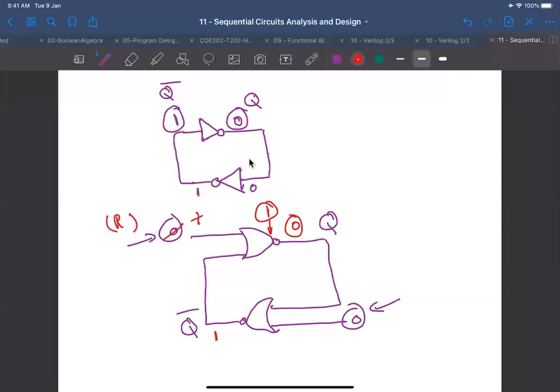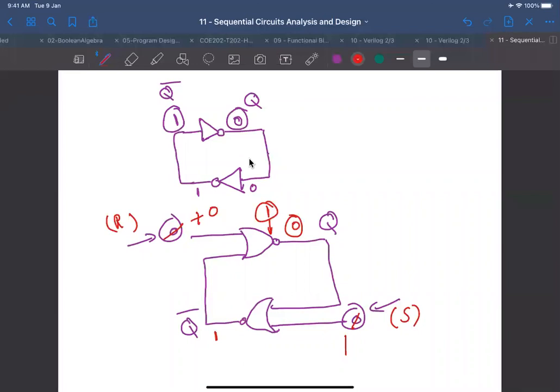And remember, if this goes back to 0, then we maintain the value of Q. Of course, assuming that the set is 0 as well. So this is set. And if set becomes a 1 now, after reset is driven back to 0, then what happens?